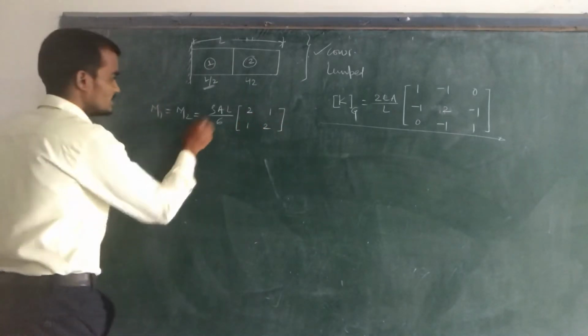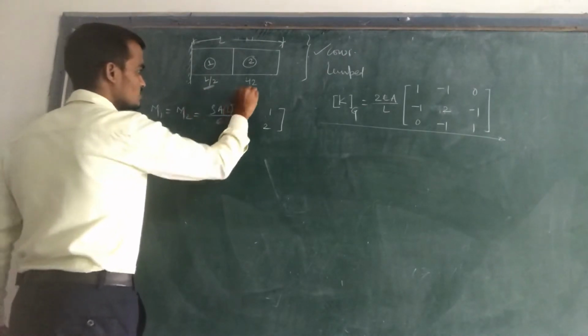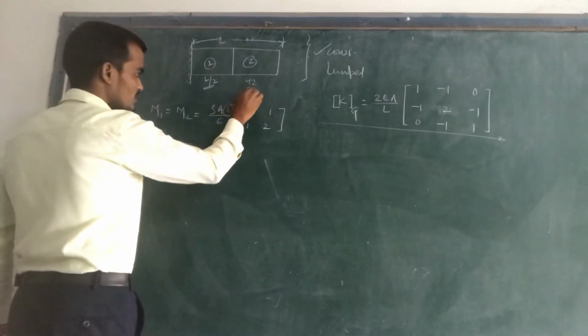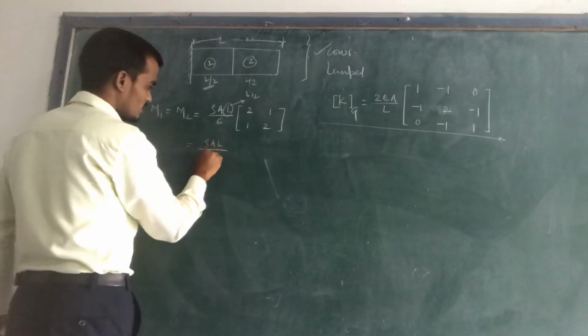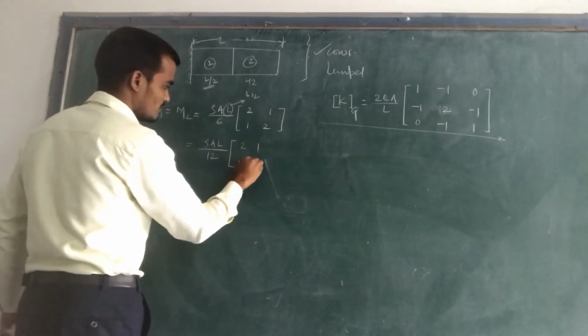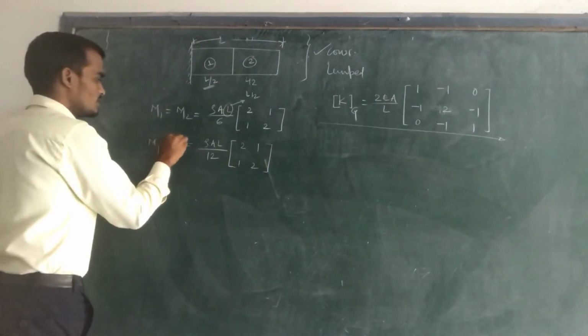For each element the length is L by 2, so if we put L by 2 instead of L, we get rho into A into L divided by 12 in bracket 2 1 1 2. So this is m1, equal to m2.